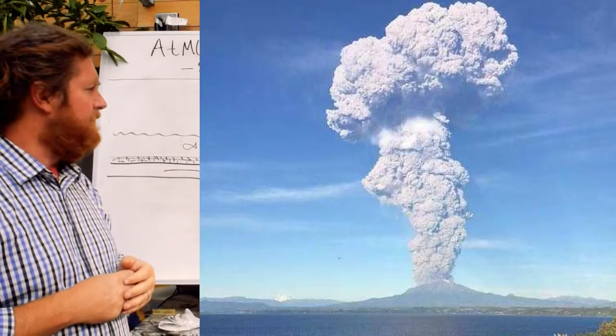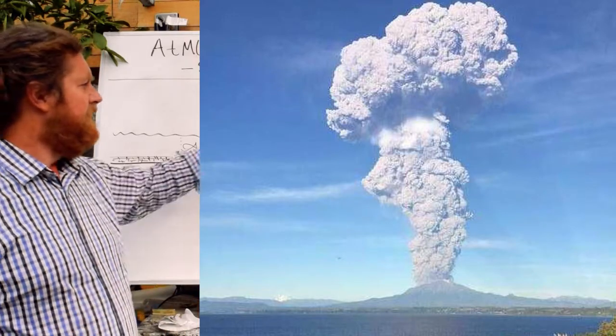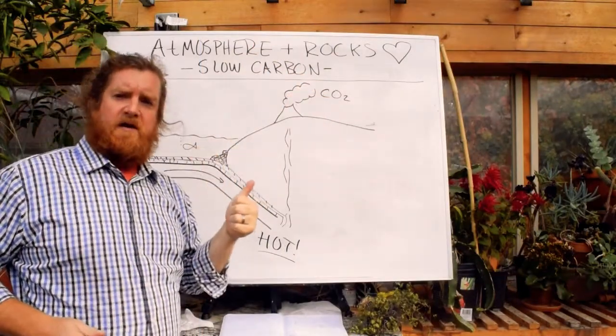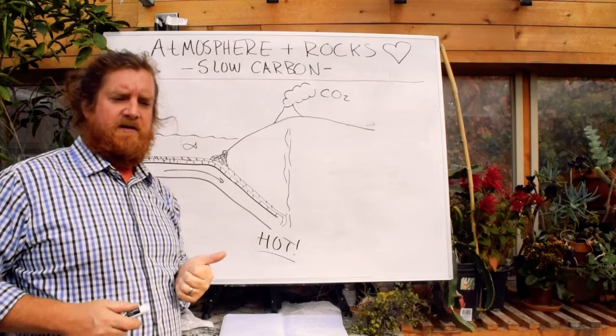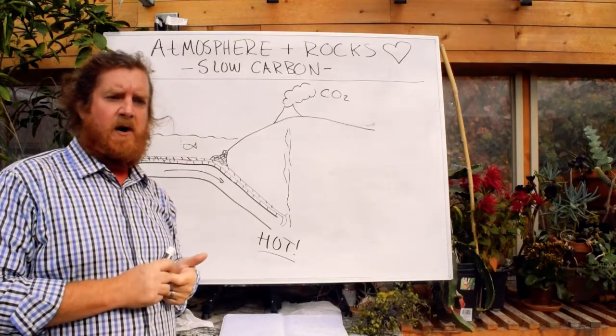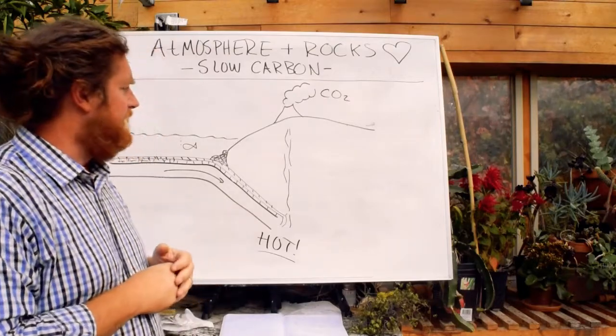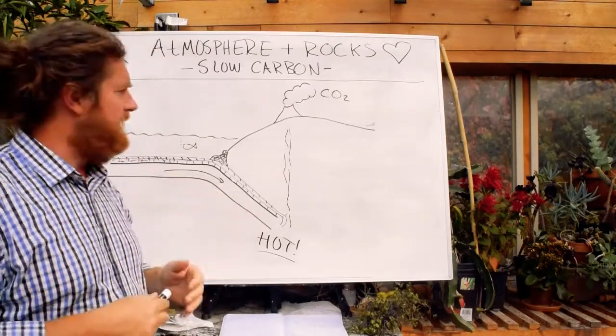Most of what it spits out is rock material, but gases, mostly water vapor, right? The vast majority of what a volcano spits out is water vapor, but CO2 as well. But CO2 isn't the main thing that a volcanic eruption ejects into the atmosphere.